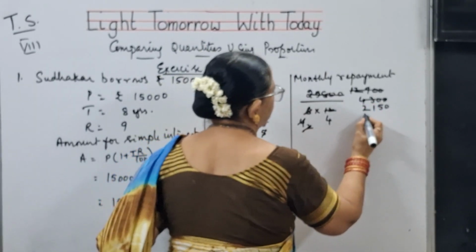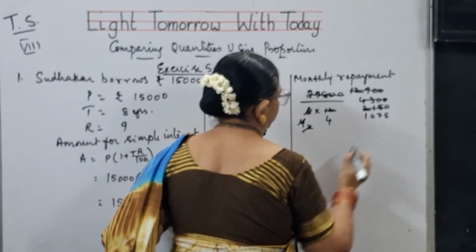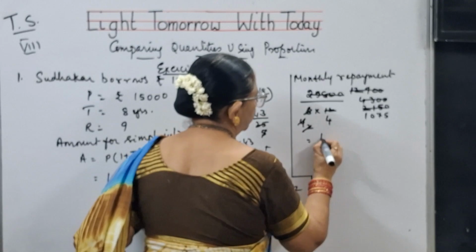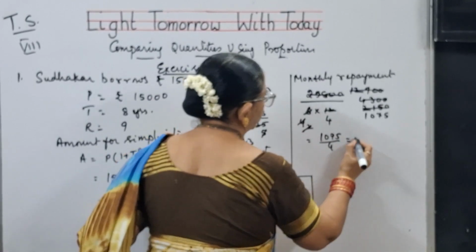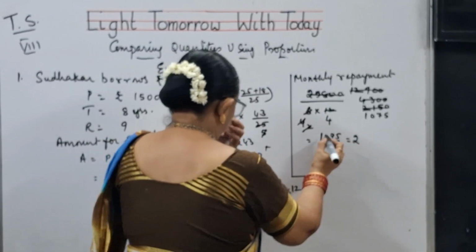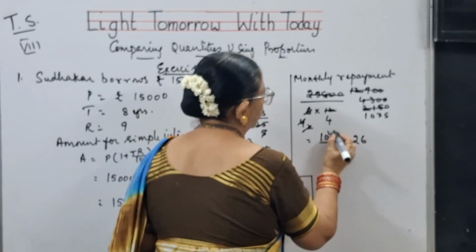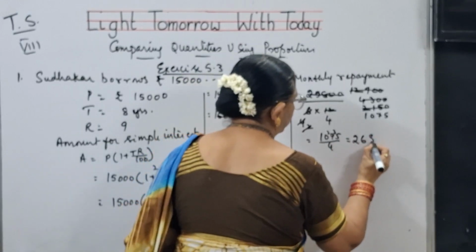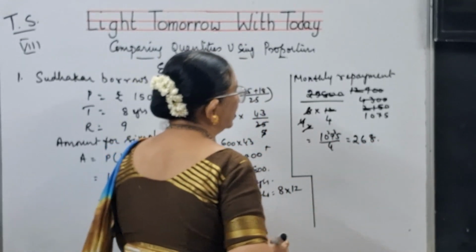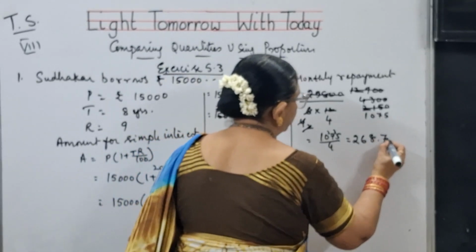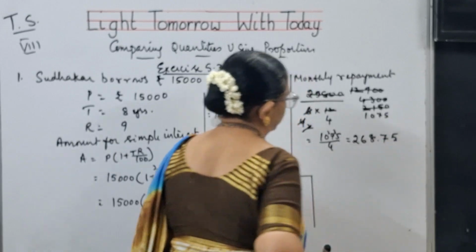So again 2 7s are 14, 2 5s are 10. So how much are you getting? 1075 by 4 means 4 2s are 8 and 2 you are getting. 4 6s are 24, 3. 4 8s are 32, 32 means again 3 you will be getting. 4 7s are 28, 4 5s are 20.